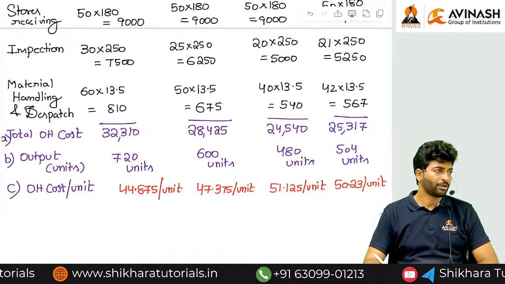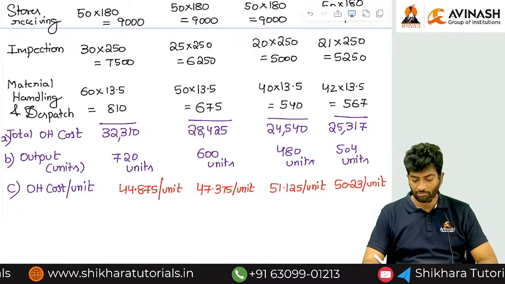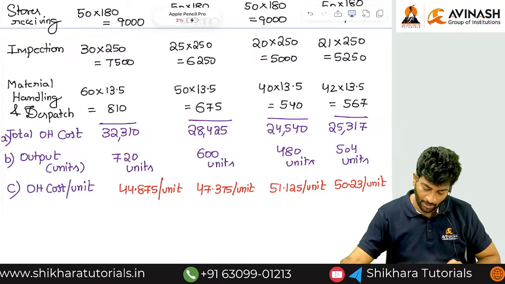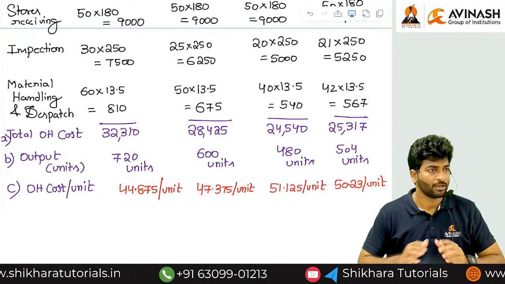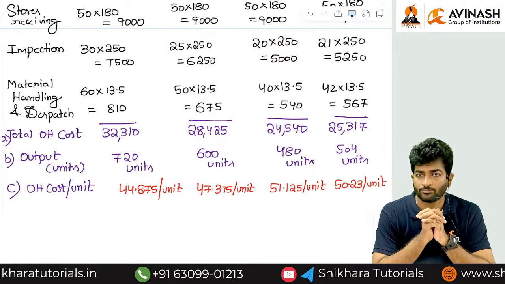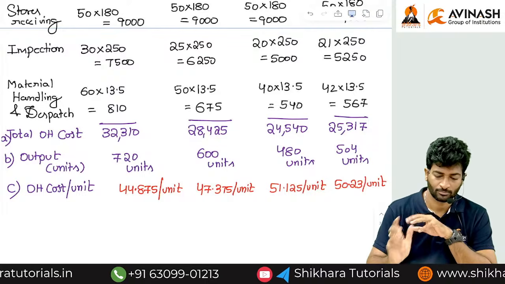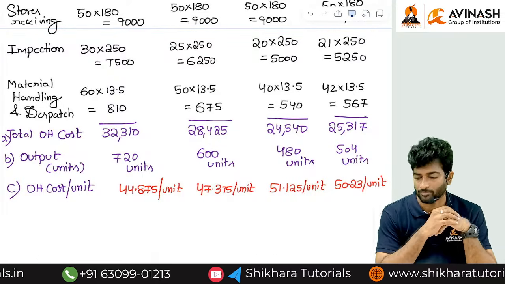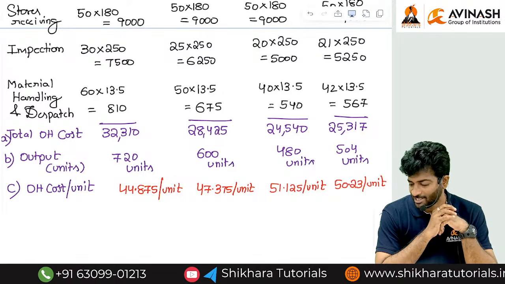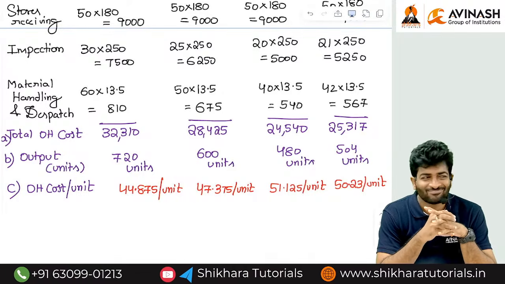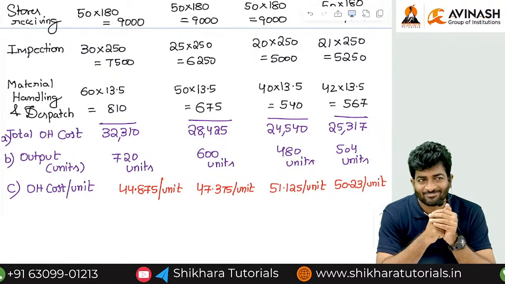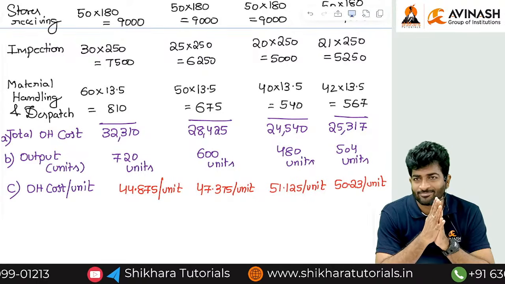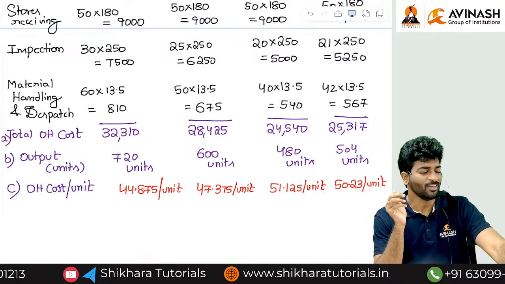So 44.875 per unit, 47.375 per unit, 51.125 per unit, and 50.23 per unit. Notes. That it is one, right? Any doubts?